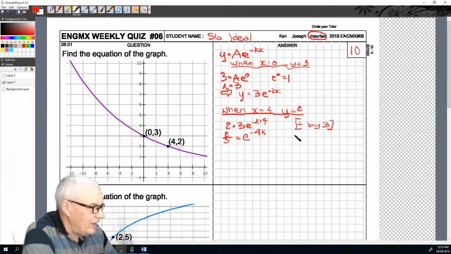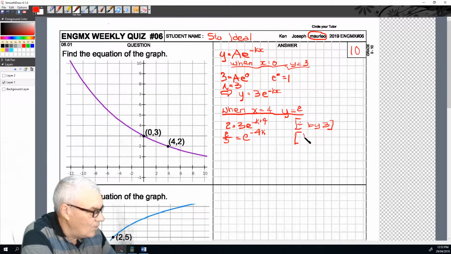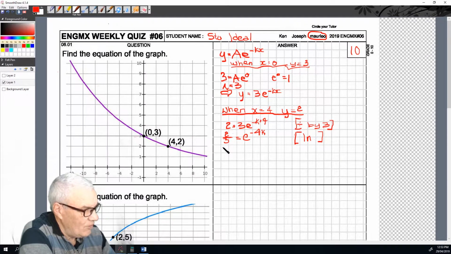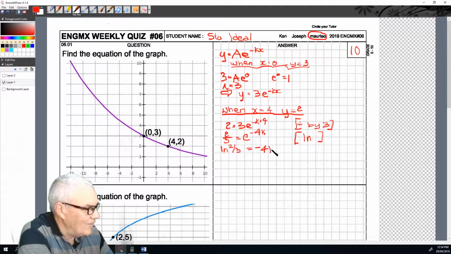Now I'm going to take the log of both sides, or the ln of both sides, the natural log of both sides. Okay, and so I've got ln of 2/3 equals negative 4k.